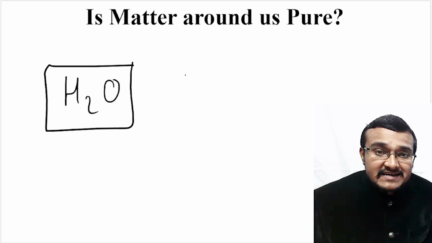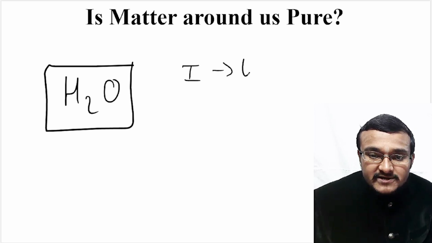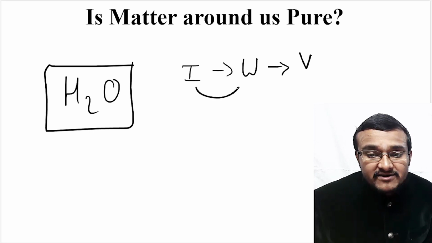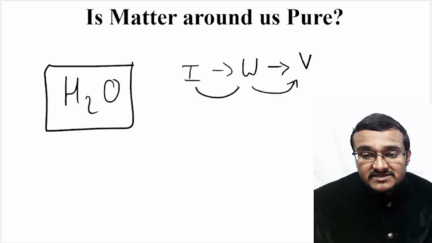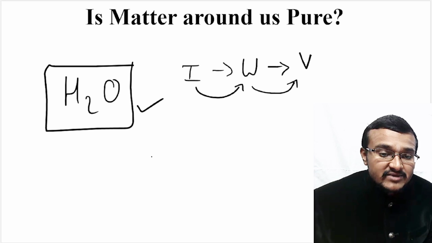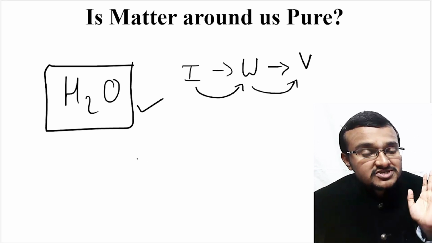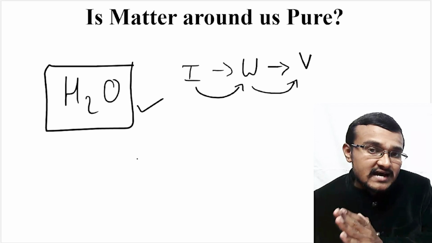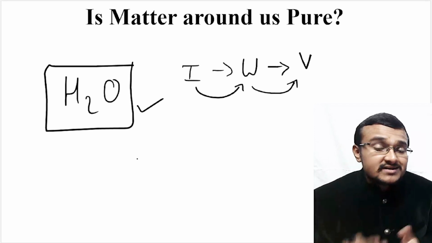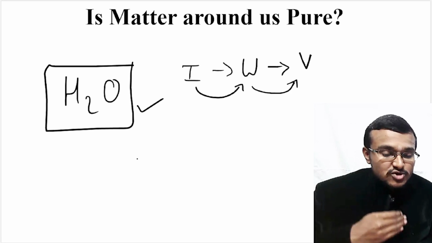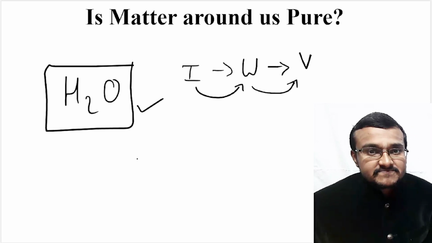That means if ice is getting converted to water or water is converting to water vapor, in this process the chemical composition never changes. It remains the same H2O in ice, water and water vapor. But there is a change in the physical state of these three, that is from solid to liquid, and liquid to gaseous state.